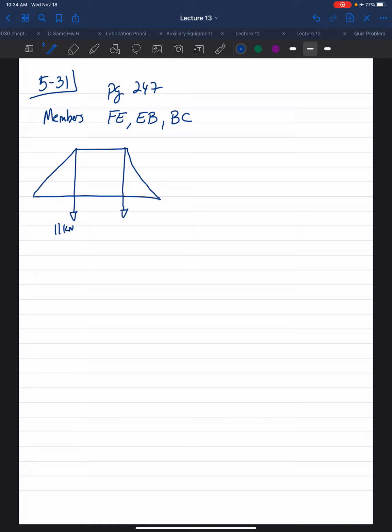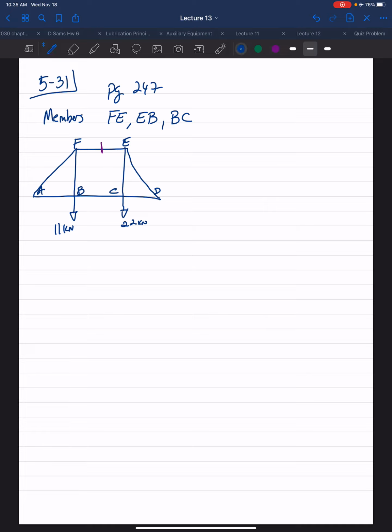It's 11 kilonewtons, 22 kilonewtons, B, C, D, E, F, A. And they want us to find the force in members FE.